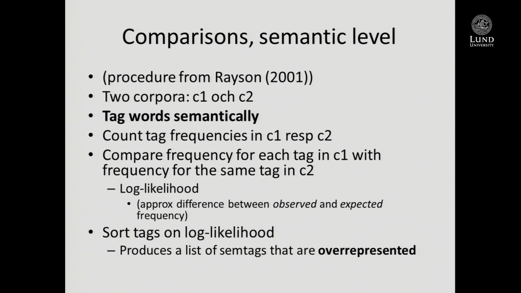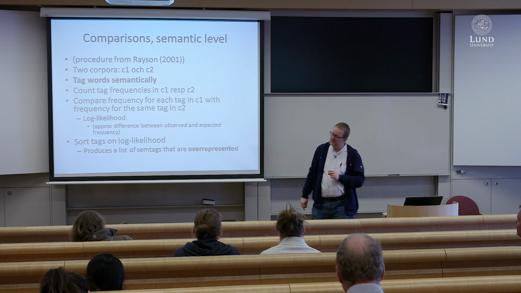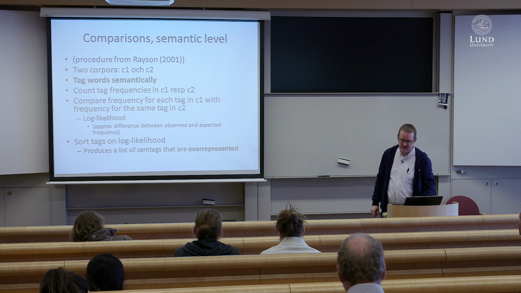A good measurement for comparing frequencies in different corpora, described in this article by Rayson, is the log likelihood ratio. Depending on what you get out, you can sort the tags on this log likelihood, and that will give you a list of semantic tags that are overrepresented.